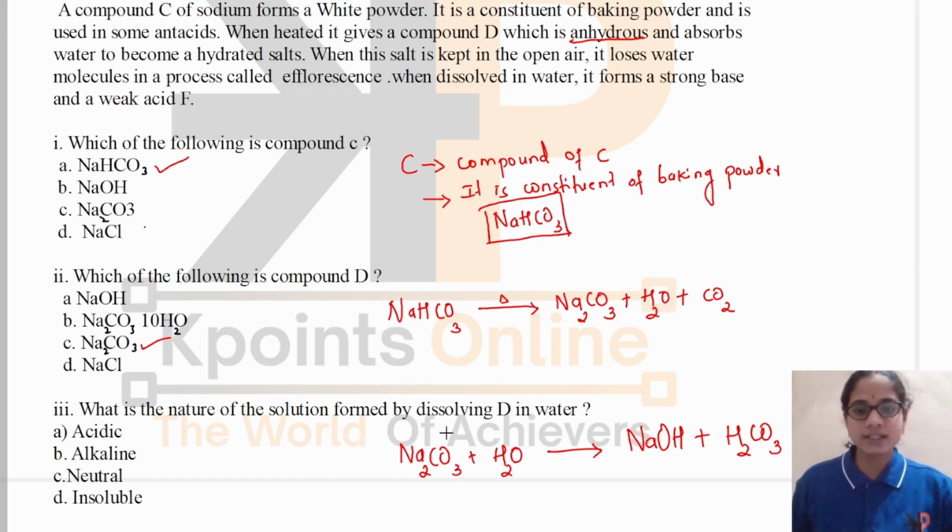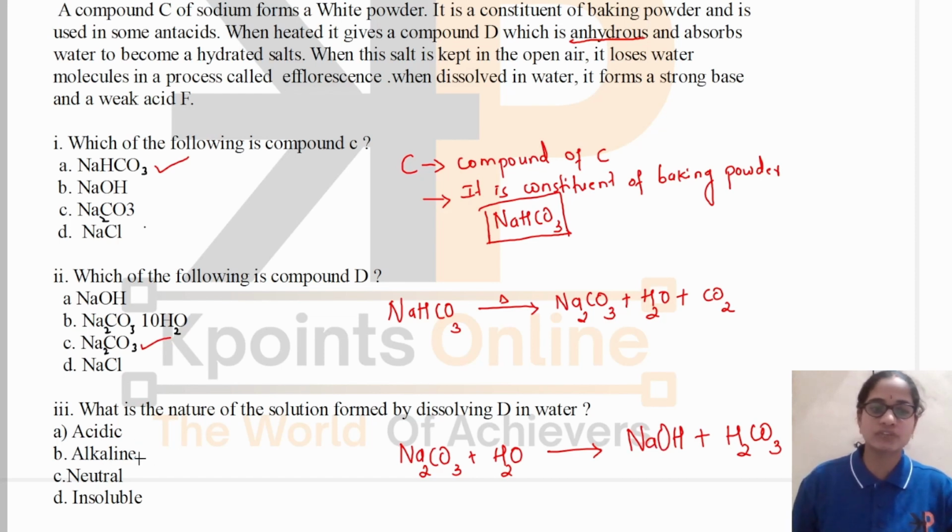This sodium carbonate is formed by the combination, that is neutralization, of strong base sodium hydroxide and weak acid carbonic acid. So what is the nature of the solution formed by dissolving D in water? D here is sodium carbonate. When this is dissolved in water, the resulting solution will be alkaline, as sodium hydroxide is a strong base.